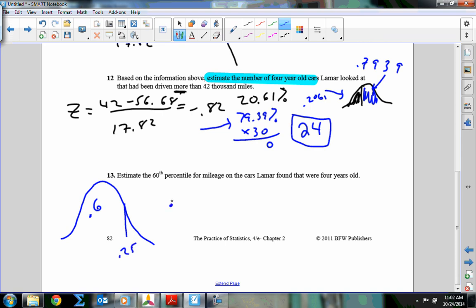So then I'm going to use 0.25 is equal to x minus the mean divided by the standard deviation. And then I'm going to do a little bit of algebra, cross multiply, and then add the 56.68, and that comes out to be about 61.1.